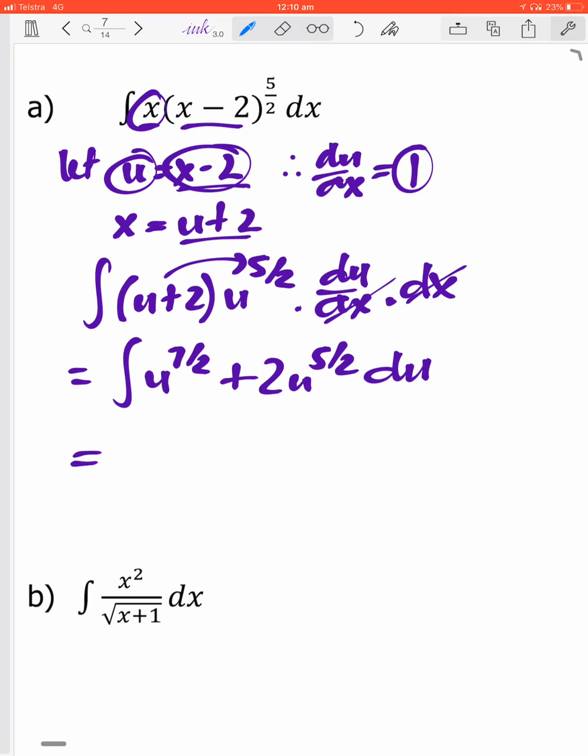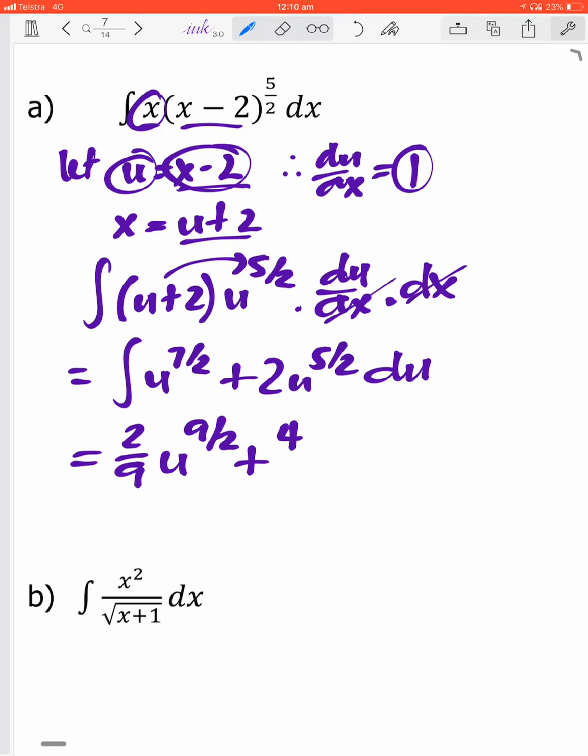So if I divide by 9 on 2, it's 2 on 9, u to the 9 on 2, plus 5 on 2, if I add 1, I get 7 on 2, and dividing by 7 on 2 is the same as timesing by 2 on 7.